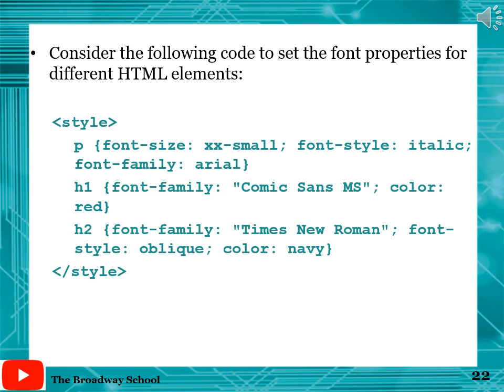H2, font family Times New Roman, font style oblique, and color navy, style close. And whenever you use P tag, all the properties will be applied on the paragraph. When you use H1 tag, all properties will be applied on the first heading, and H2, all the values will be applied on heading 2.